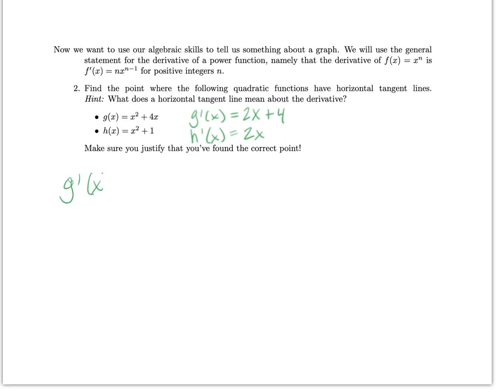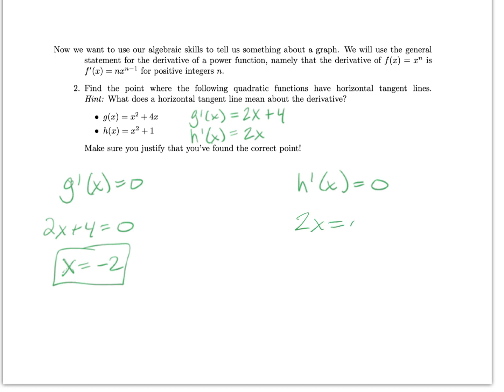So I set g prime of x equal to 0, and I'm going to set h prime of x equal to 0, and those will be the locations of my horizontal tangent lines. So 2x plus 4 equals 0, and I get x is negative 2. And h prime of x is 2x equals 0, and I get x is 0.